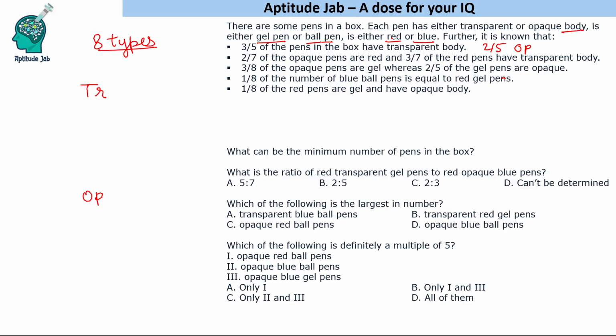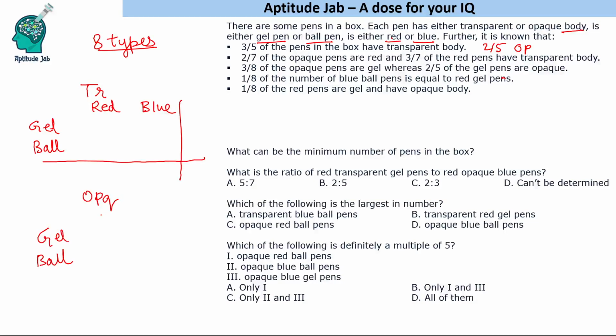In transparent we shall have four categories: gel, ball, and within that red and blue. Similarly, we'll make four categories for opaque.